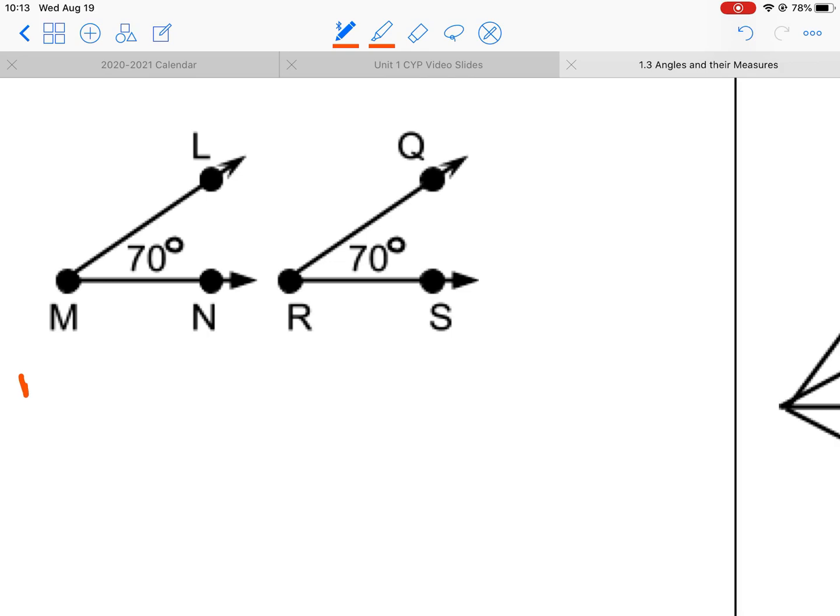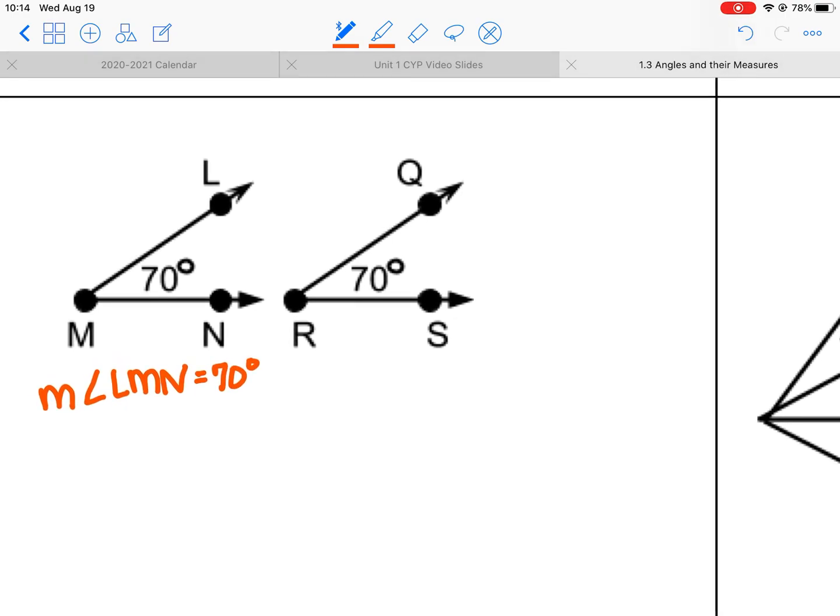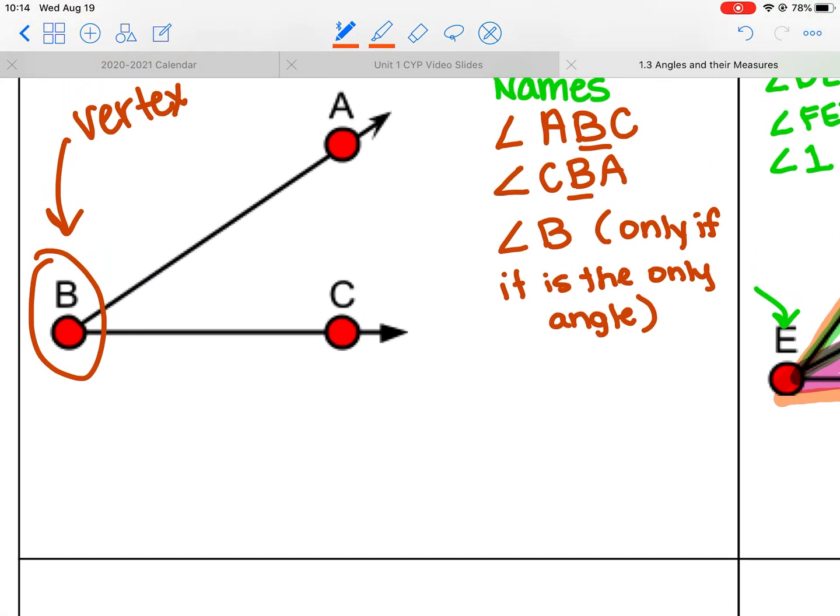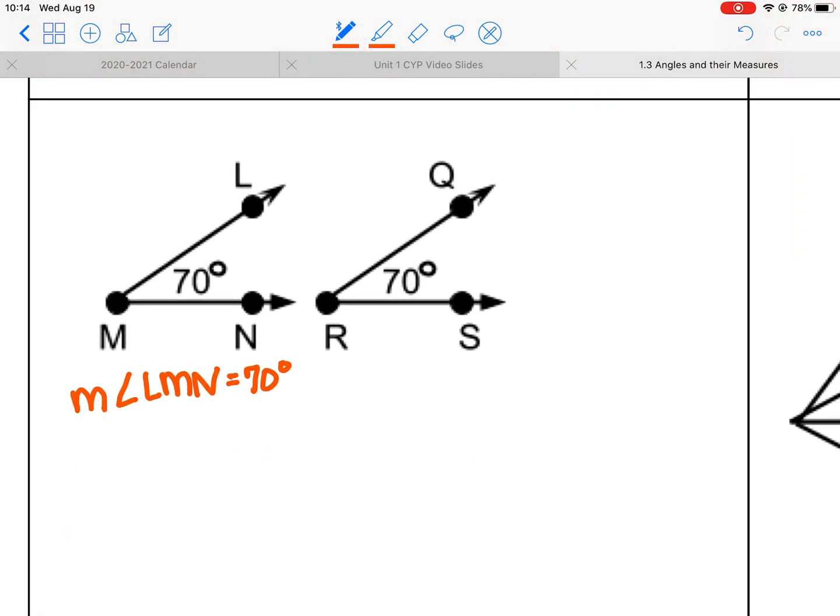So for this first angle, the measure of angle LMN, or any of those other names that we have, the measure of this angle is 70 degrees. Whenever we're talking about the measure of an angle, we put the M in front. The regular angle is just talking about the shape and the existence of that angle. If we put the M in front, that's when we're talking about the measure, how big it is.